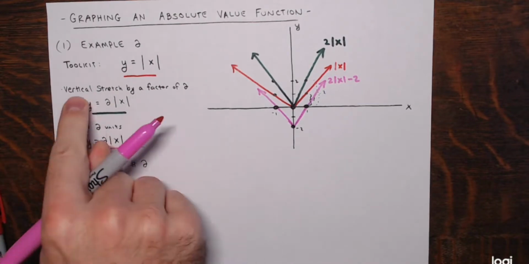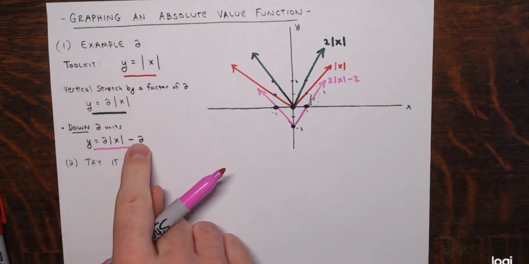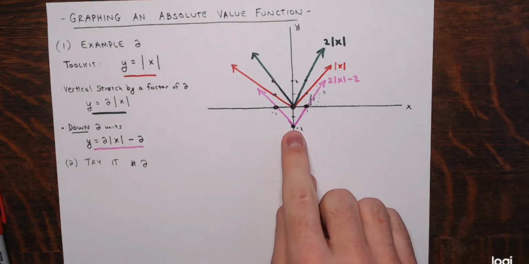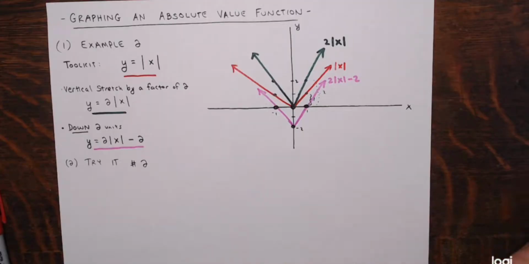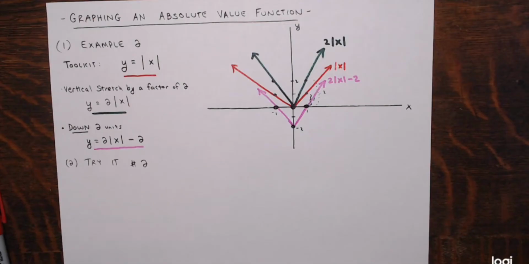I did the vertical stretch by a factor of 2 and the vertical shift down 2 units. The only horizontal transformation I'm noticing is that I would have to take this point at (0, -2) and move it to the right 3 units, because on this graph the lowest point is at (3, -2). So now all I'm going to do is shift right 3 units.